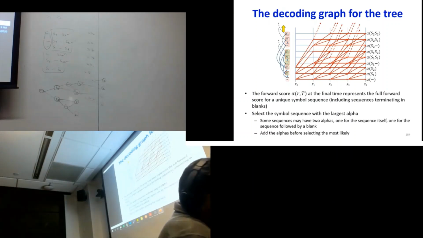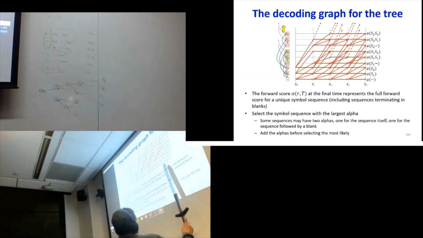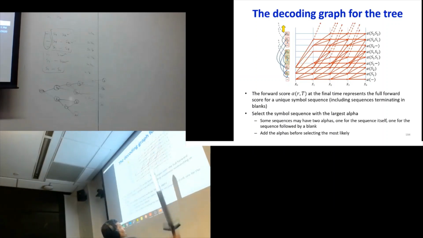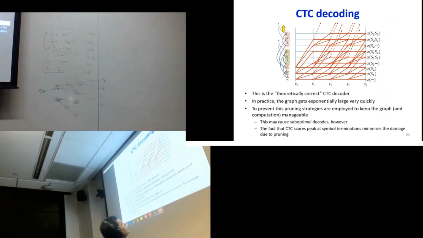And when you get to the end of your input, you're going to have alpha values for every possible symbol sequence that you could have had in those many time instants. And now, if you want to find the most likely symbol sequence, all you have to do is to pick the symbol sequence for which the alpha value is highest.